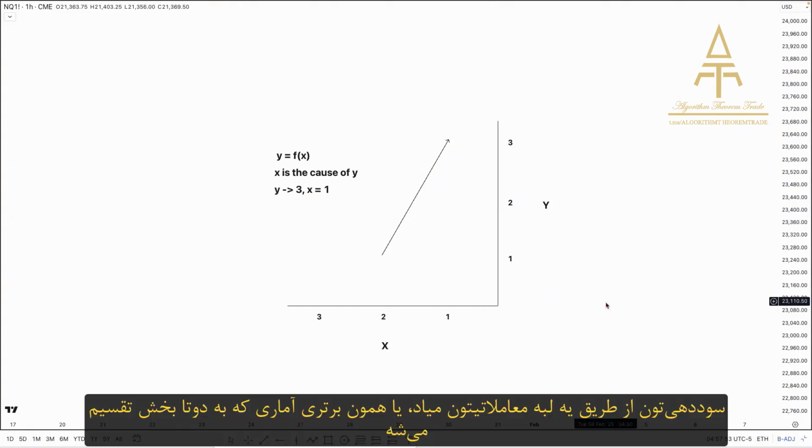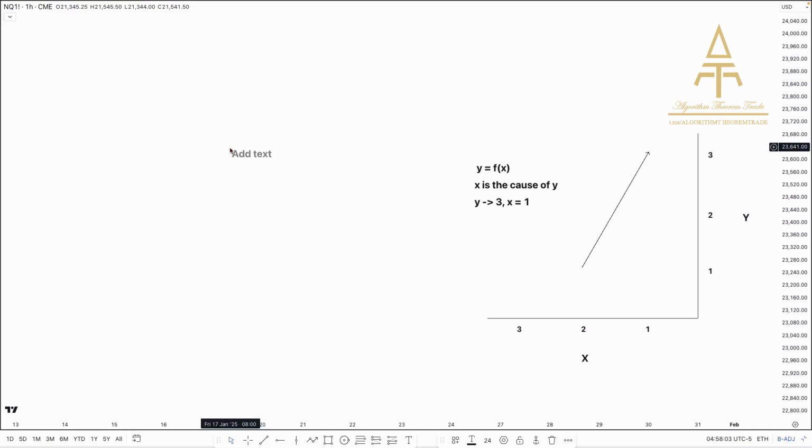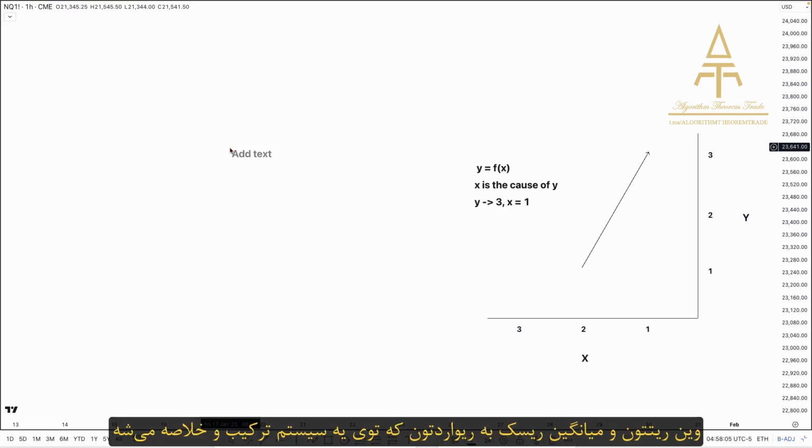Your profitability will come through an edge, or your statistical edge, which is simply split into two parts: your win rate and average RR combined, or this comes through a system.